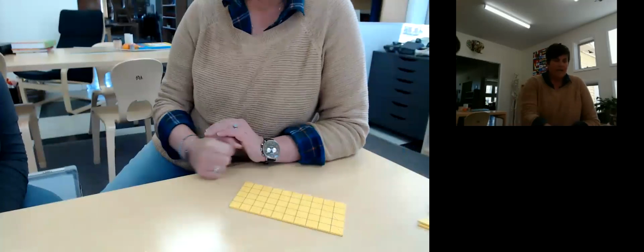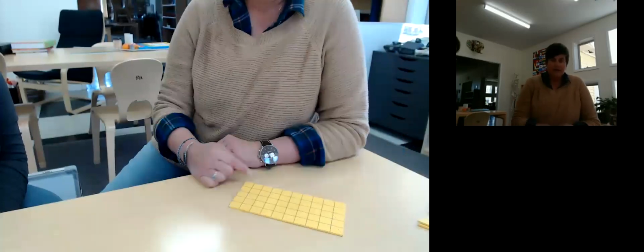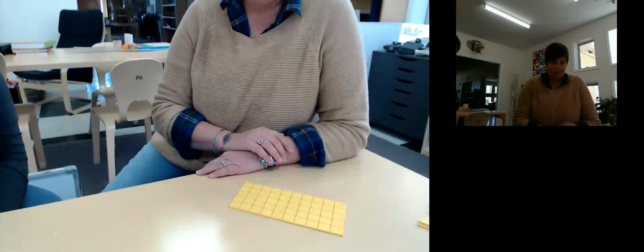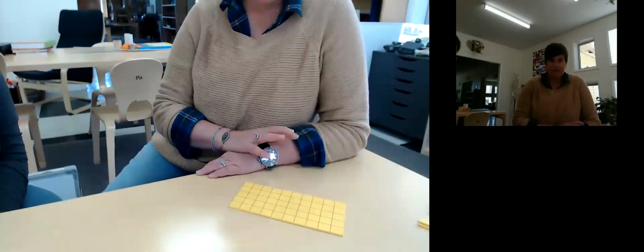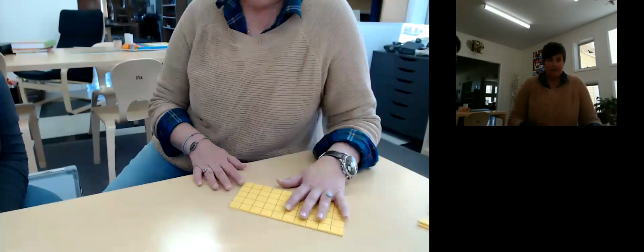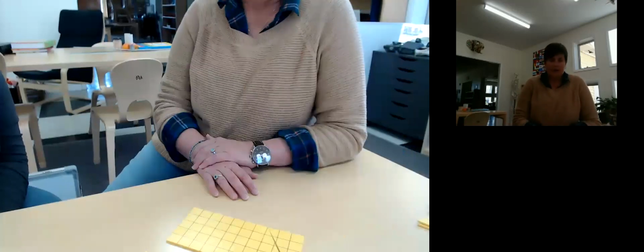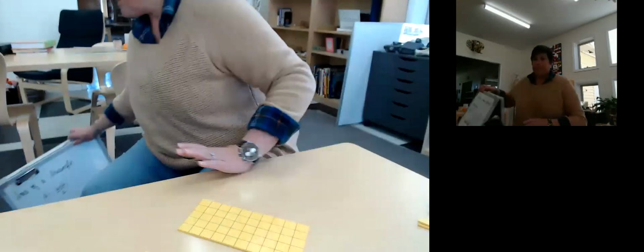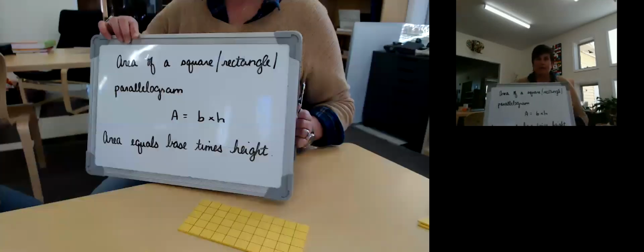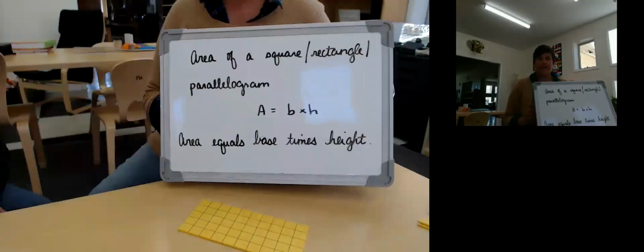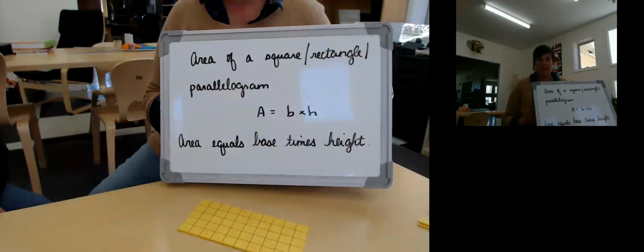And now I can take the base times the height, and I can see that this parallelogram is also 50 square units, which brings us to the review for upper L, and for those of you seeing this for the first time, the formula for calculating the area of a square or a rectangle or a parallelogram is base times height. Area equals B times H, which is base times height.